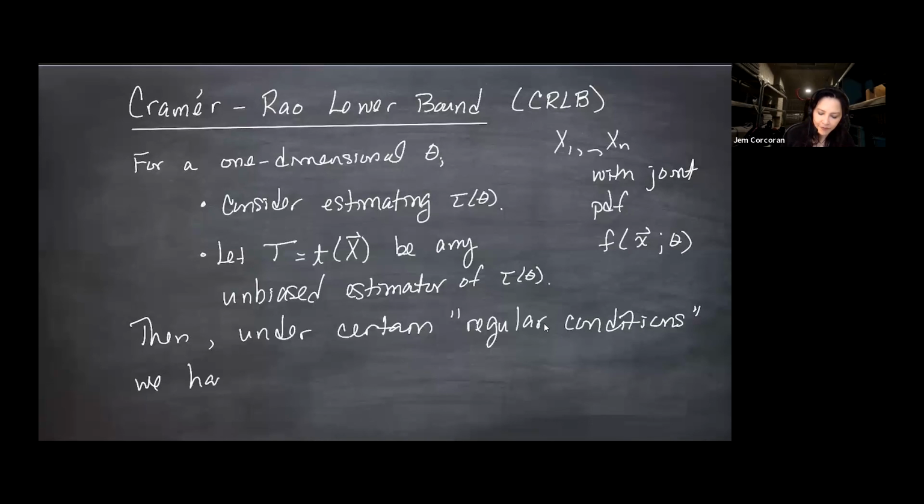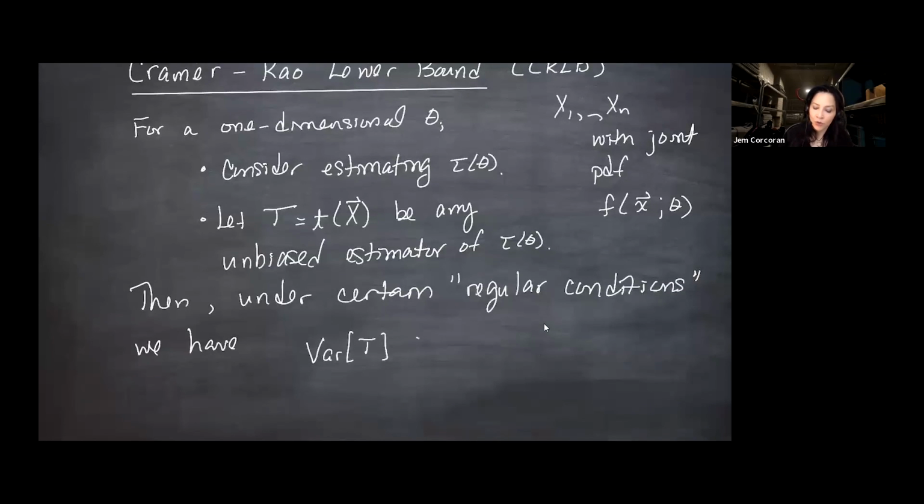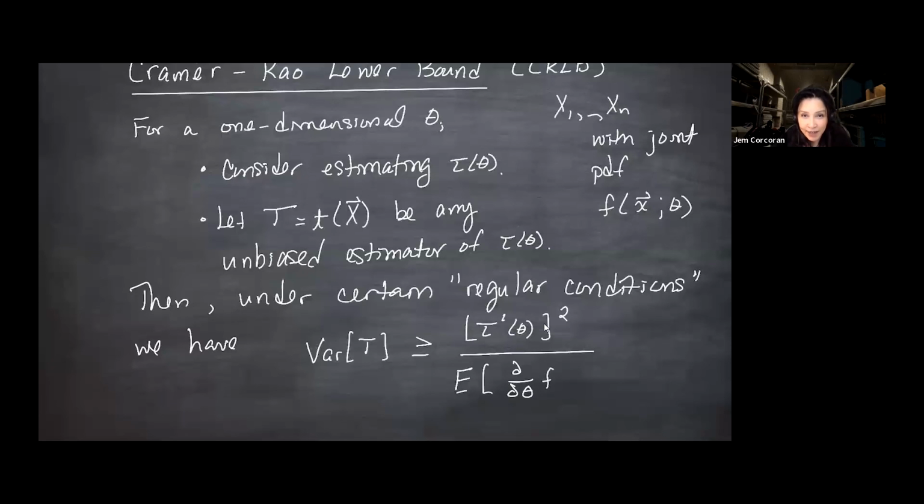we have that the variance of the estimator T must be greater than or equal to, I'm going to write it, we don't have notation yet, tau prime of theta squared over the expected value of the derivative with respect to theta of the joint PDF.